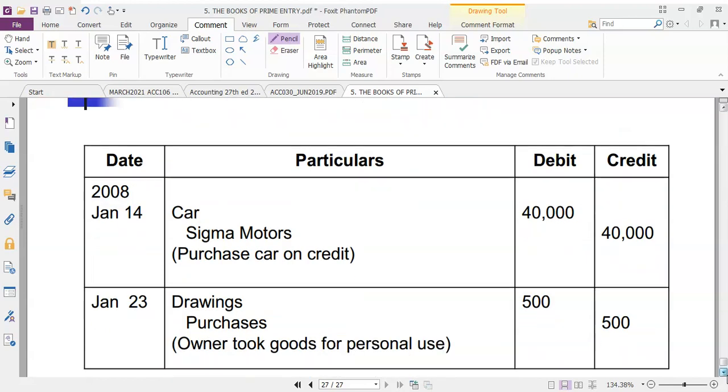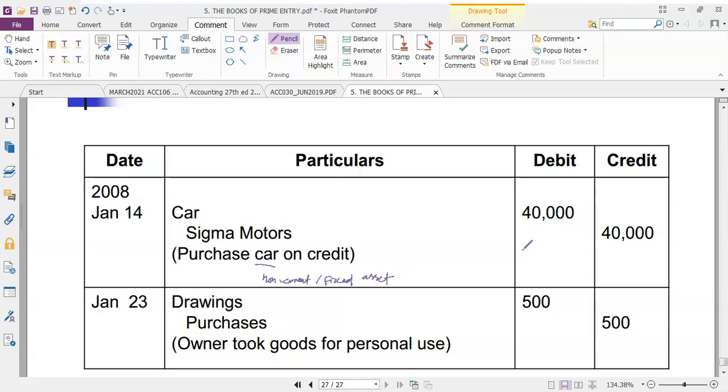This is called the general journal. For example, we have debit car 40,000. It means that we purchase a car. Car is our fixed asset or non-current asset, so that's why we put it in the general journal. Non-current asset or fixed asset, it's the same thing.